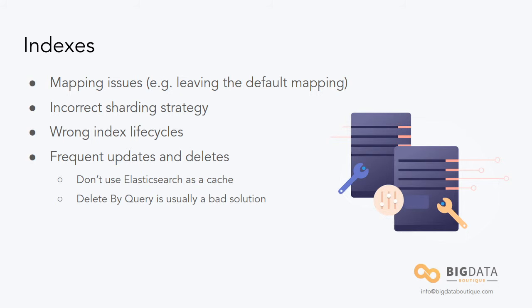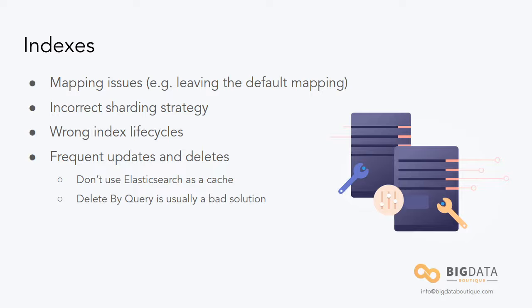That is actually the right practice to do. Whenever people are leaving the default mapping as is and just using it, that basically blows up the index, slows down indexing, and has a lot of issues with it in large deployments. So that is something you should really avoid.